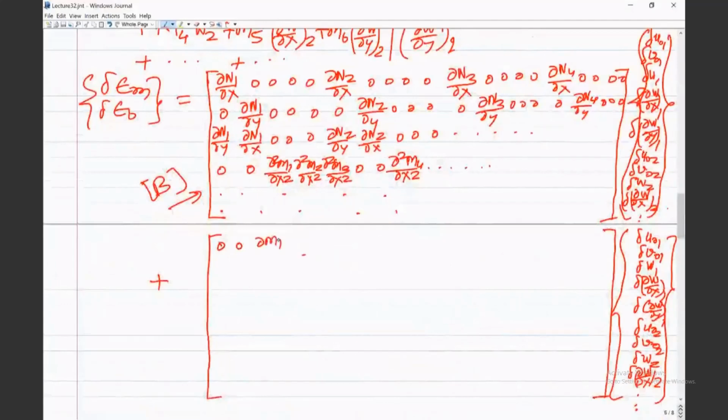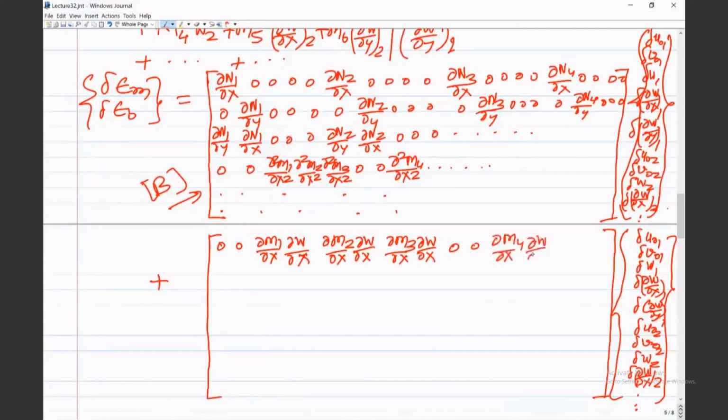So del m1 by del x into del w by del x, and then del m2 by del x into del w by del x, and del m3 by del x into del w by del x, and then two zeros will be there corresponding to u and v, and then we will have del m4 by del x into del w by del x, and so on. Now, you can write the remaining terms in a similar manner.